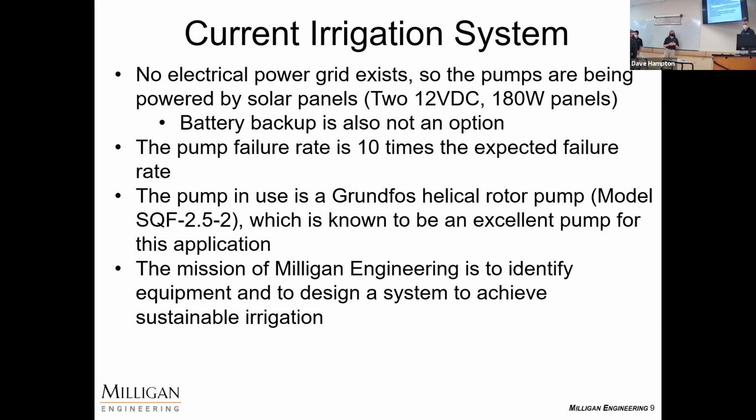Battery backup is not an option. The pump failure rate is 10 times the expected failure rate with these Grundfos pumps that are about $3,000. The model, the SQF 2.5-2, is an excellent pump for this application. However, our mission as Milligan Engineering is to identify equipment and design a system to achieve this sustainable irrigation at a lower cost.